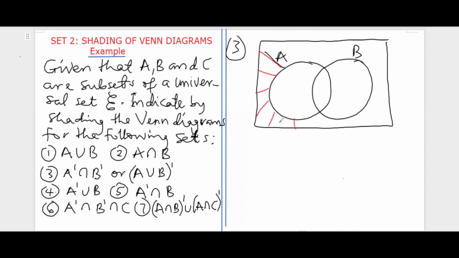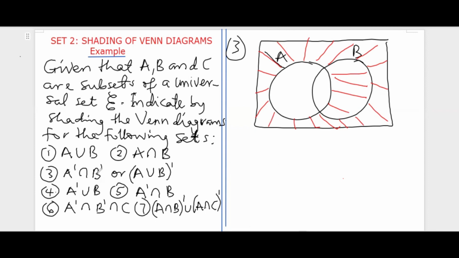The complement of A are those that are outside A. Those that are outside A. Do you know that this one is part? It is outside A. Okay, that is for A alone.